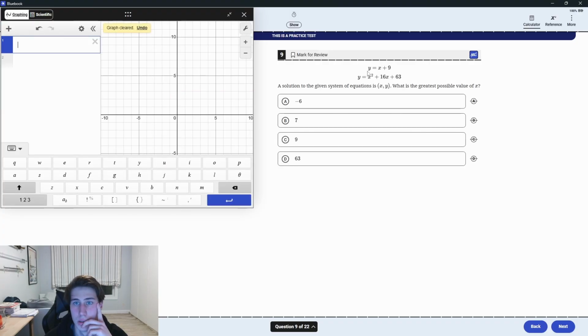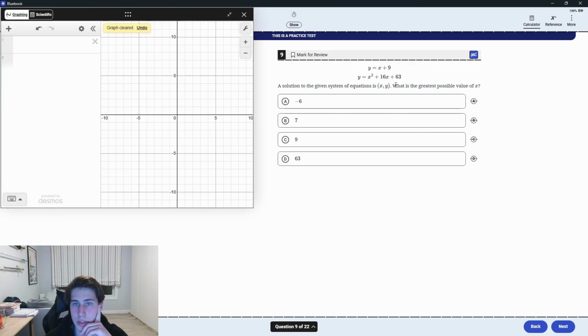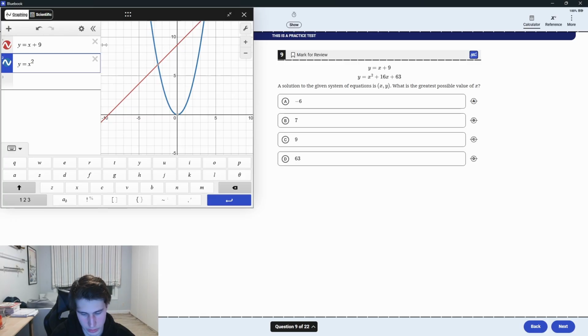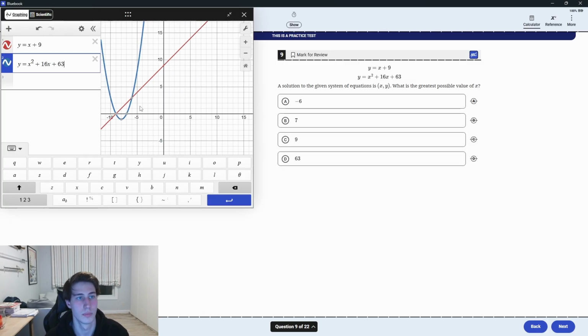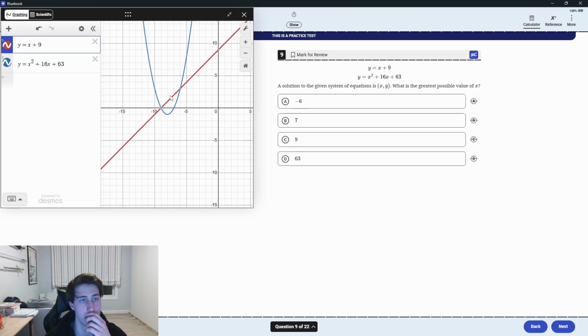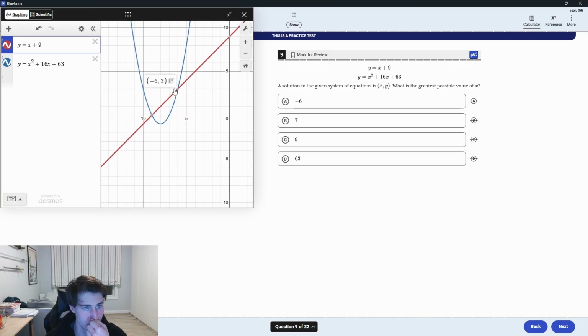Number 9. Solution to the given system of equations is x, y. What is the greatest possible value of x? Okay, so this one's also really easy. Let's put this into Desmos. So y equals x squared plus 16x plus 63. And okay, so in this case, the line intersects the graph twice.